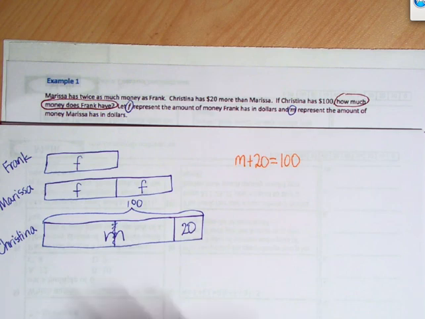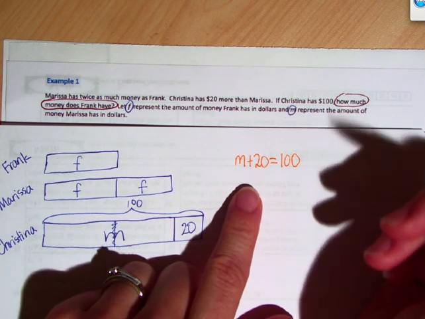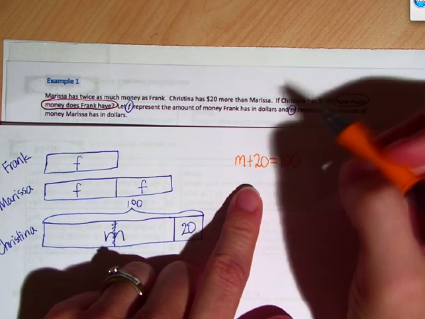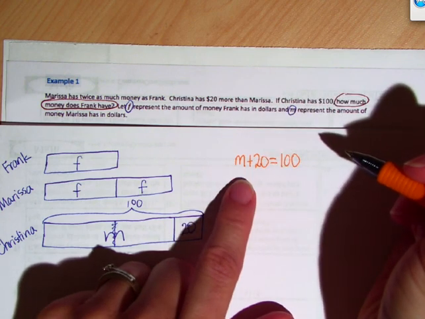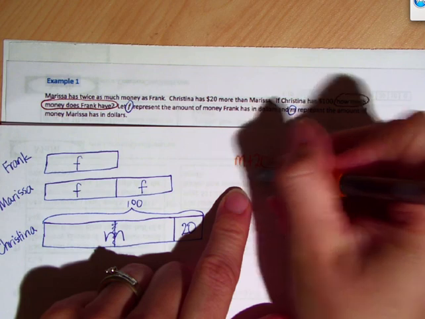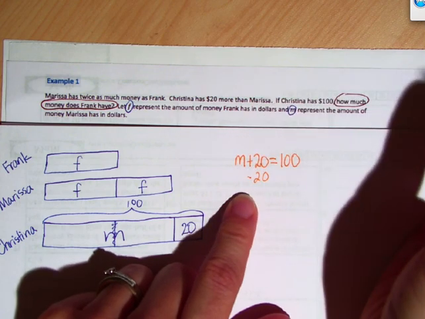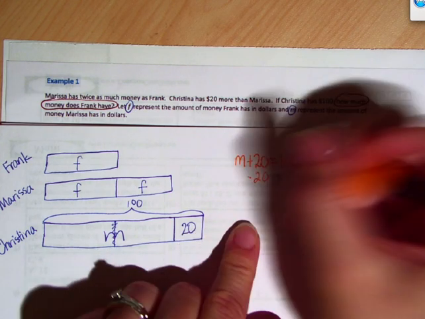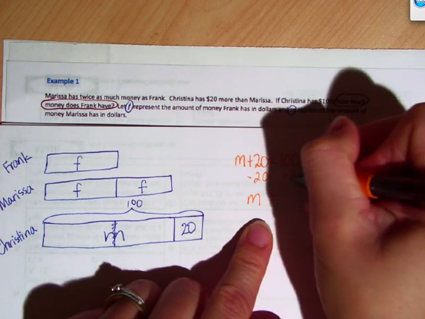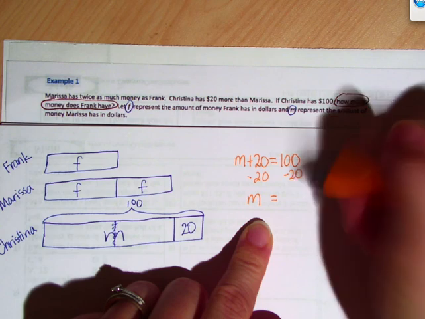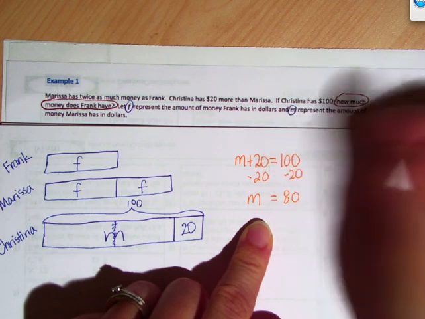All right, so using our algebra that we know, we're going to take M plus 20 minus 20, and we're going to be left with M. So I'm going to write it down below, save myself from having to rewrite my problem. So this is 20 minus 20. We're left with M on this side. We're going to do the same thing over here. 100 minus 20 is 80.